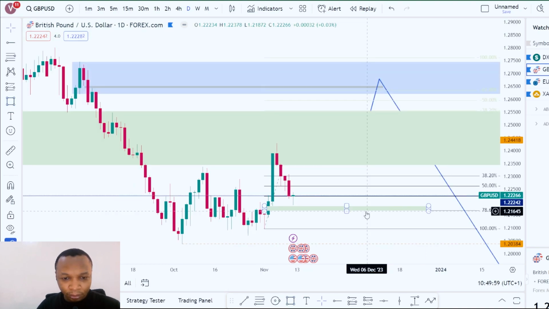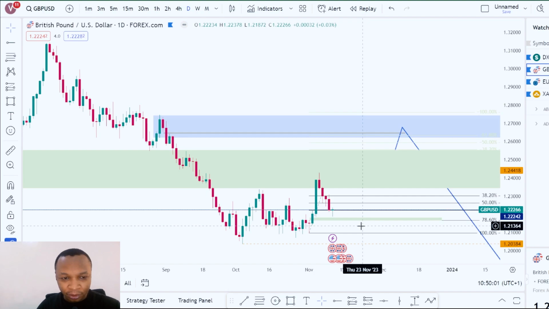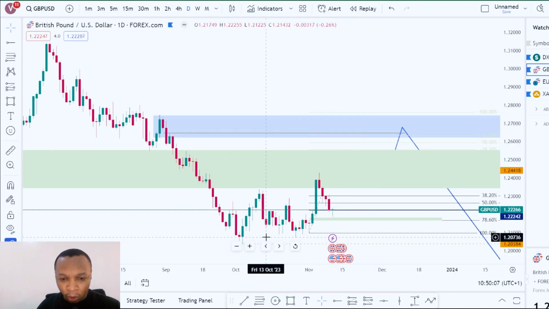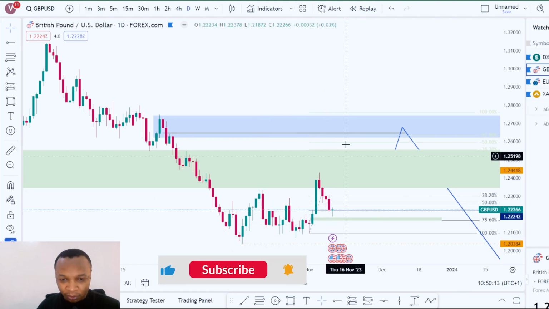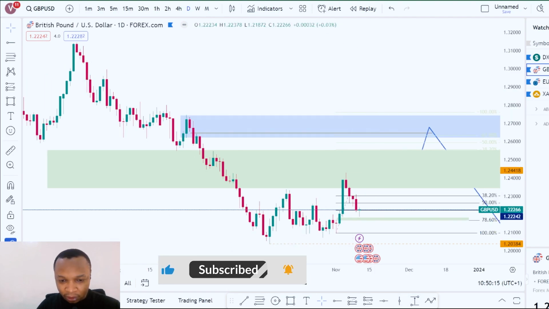So we may want to see the Great British Pound trade into this fair value gap right here and go above. Or we may want to see it take out this low right here.